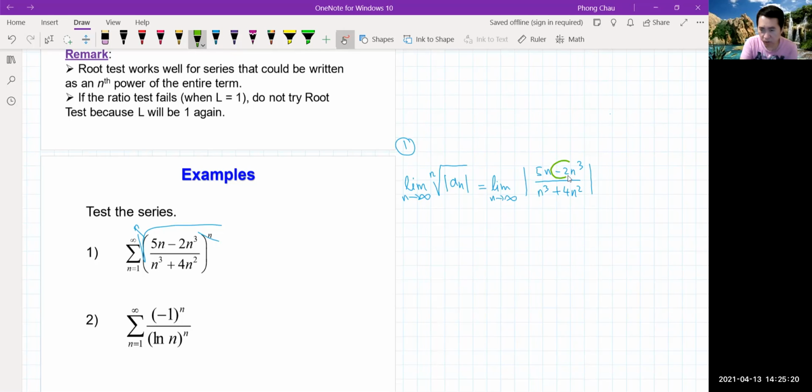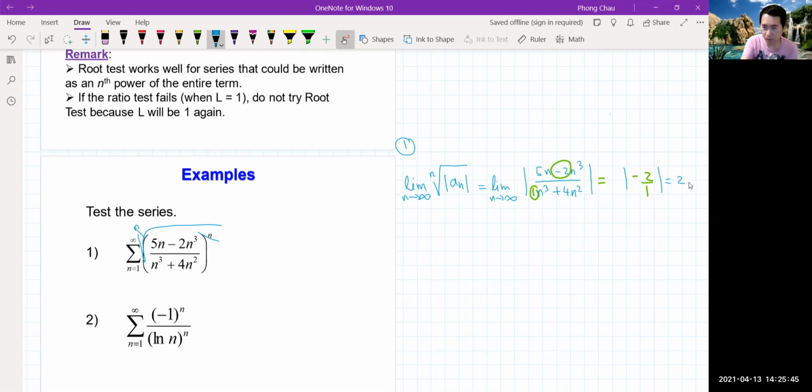It will be the leading coefficient over the leading coefficient, where the denominator's is 1. So I guess the limit here is negative 2 over 1. But don't forget that it's inside the absolute value, and therefore the limit is positive 2.